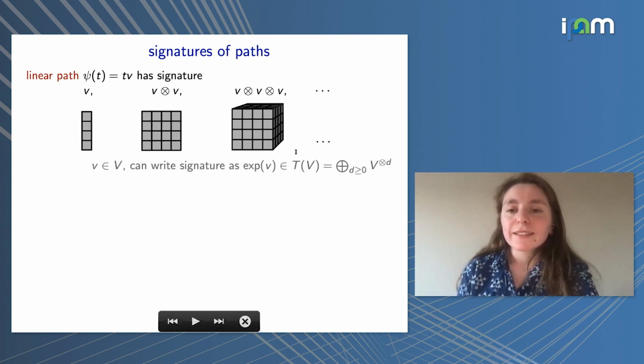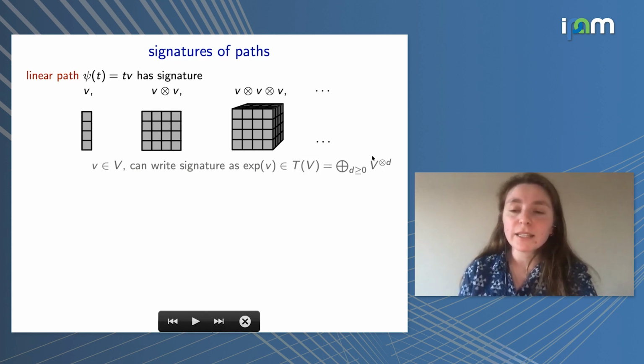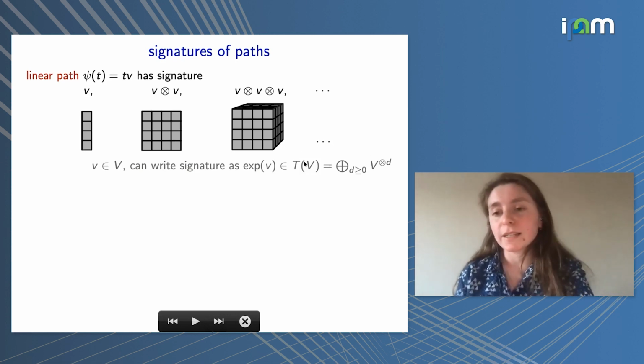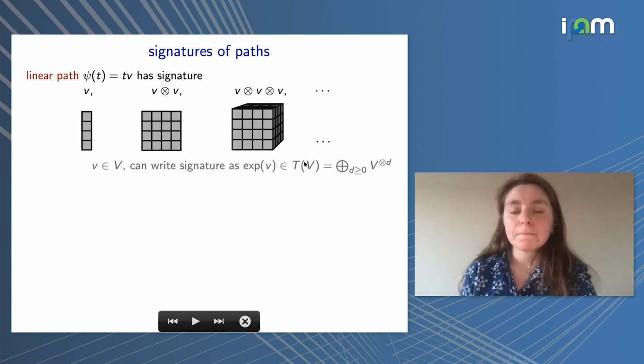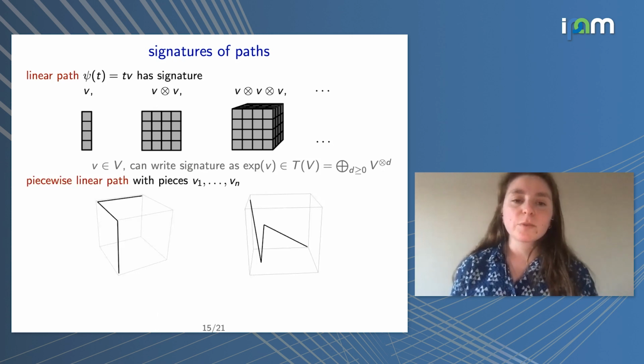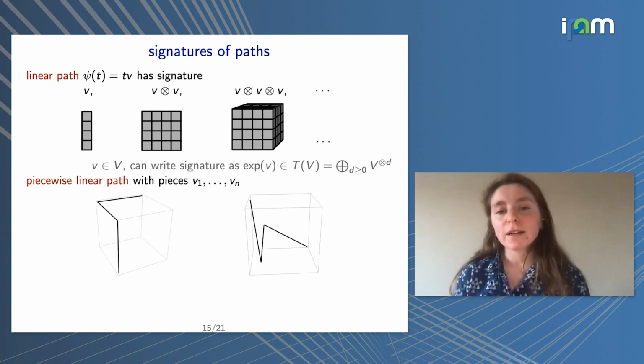And this lives in the tensor product of all vector spaces V raised to different powers, so in this tensor algebra T(V). All right, and now we can wonder how this extends to piecewise linear paths. Here are some examples of piecewise linear paths in R^3.